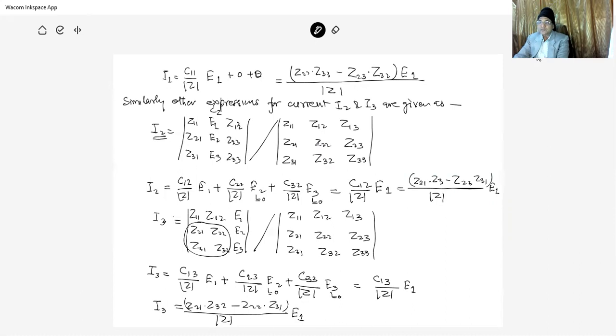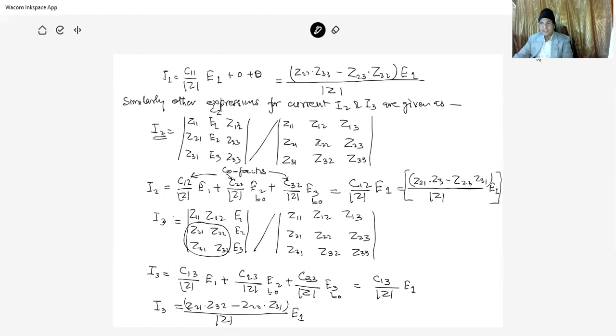And then we find the value where the cofactors of this second column are C12, C22, and C32. Again, a similar condition: E2 is equal to 0 and E3 is equal to 0 because there is no source in the second and third mesh, and therefore the values E2 and E3 are 0. Again, this one is E1. So this is the expression for current I2.